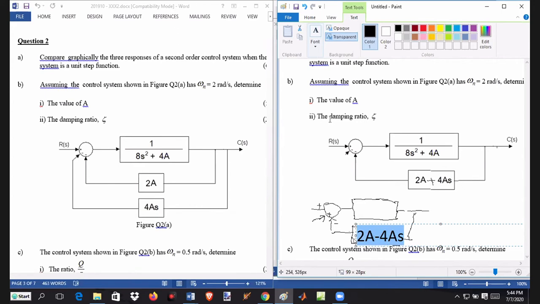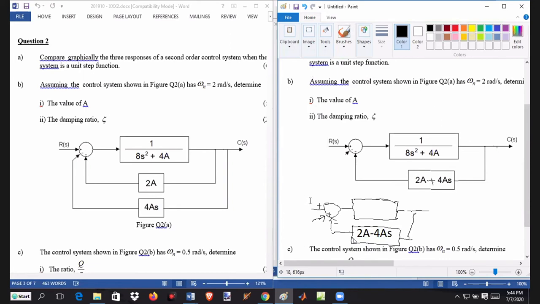Too big already. Let's make it small. Okay, now this is how you do it. Because the question keeps positive, that's why you go and change the reverse sign here. Then you go and change this thing to negative.